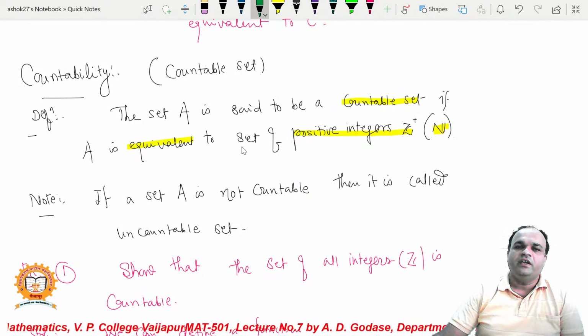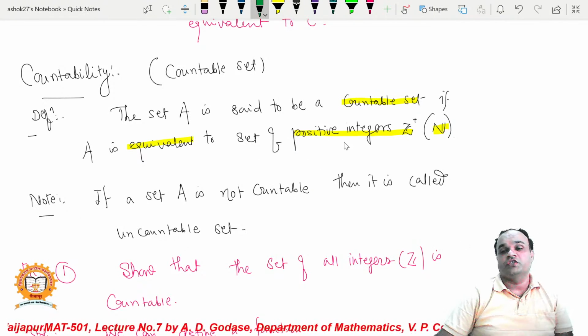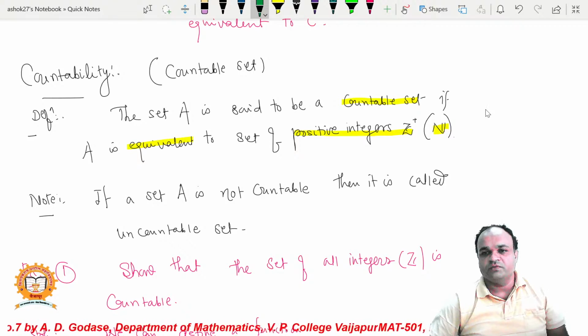When we say A is equivalent to the set of positive integers, what is the meaning of this?